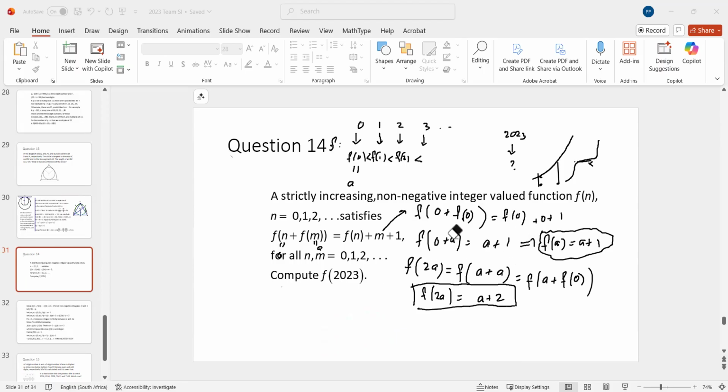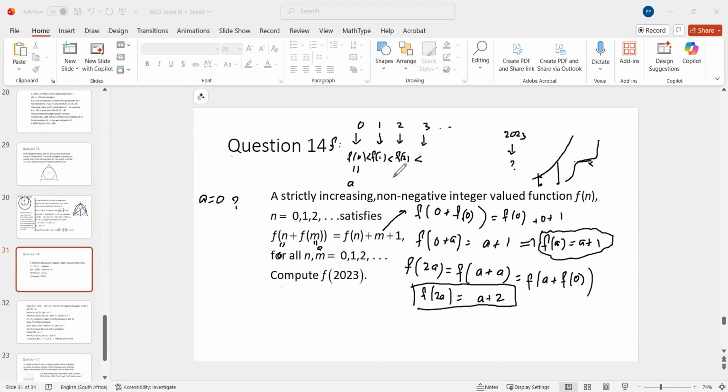Now, let's just concentrate on this a here. Is it possible that a equals 0? In other words, is it possible that f of 0 is equal to 0?